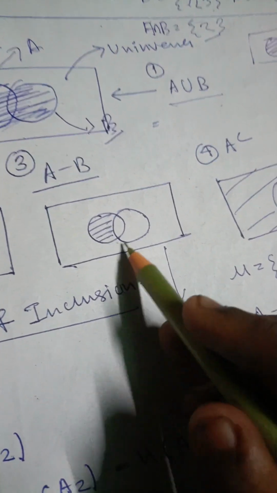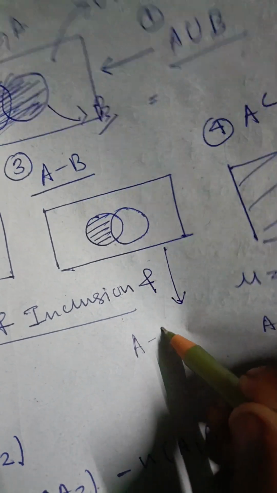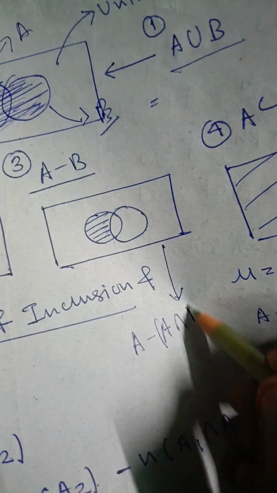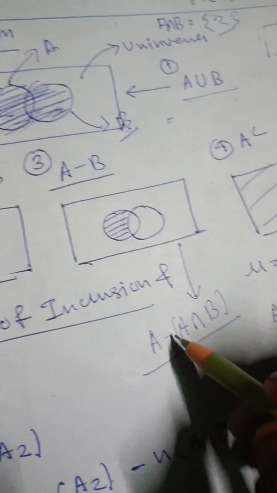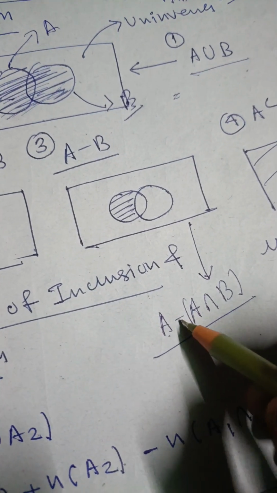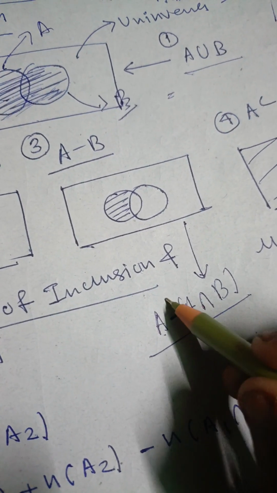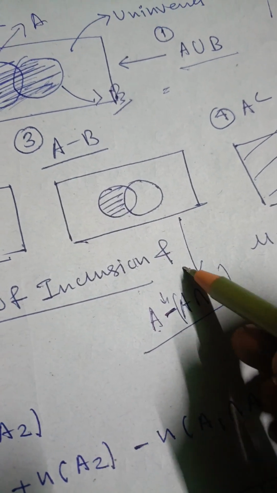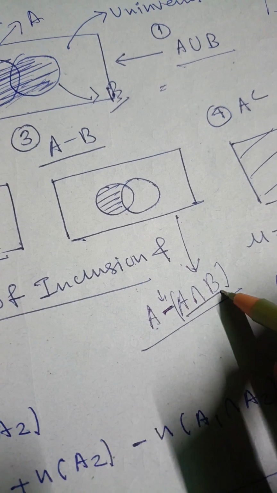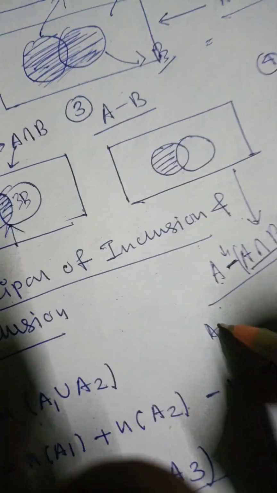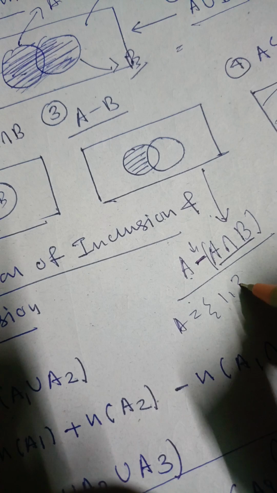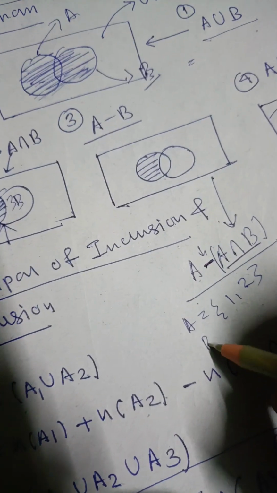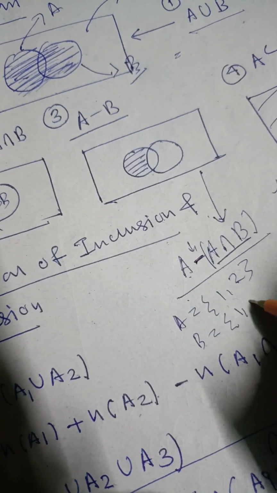So as we know, it is A minus A intersection B, because from A, if we subtract, that is normal minus, that is not set difference. If we subtract what is common in A and B, that is the difference. Like A equals 1, 2 and B equals 1, 3.